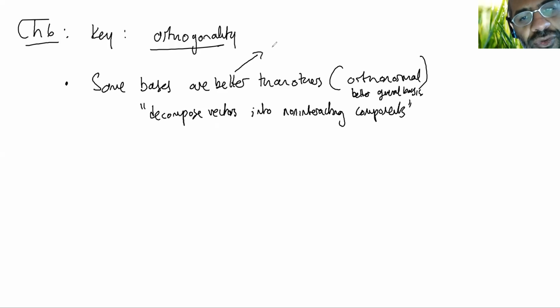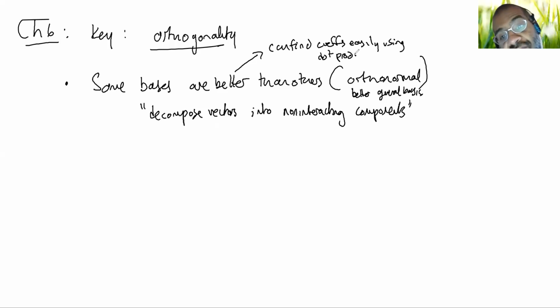Well, for example, you can find coefficients easily using dot products. You can't do that for a general basis. You need to do row reduction. Does that make sense? Finding coefficients with respect to an orthonormal basis is much easier than for a general basis. Okay, I see it now. Thank you.